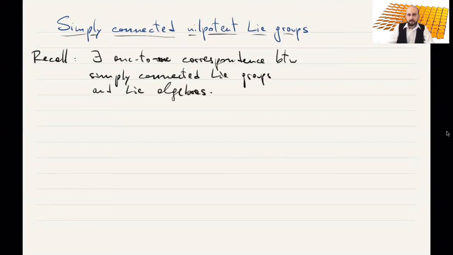Okay. So, in other words, let's focus on nilpotent Lie algebras.